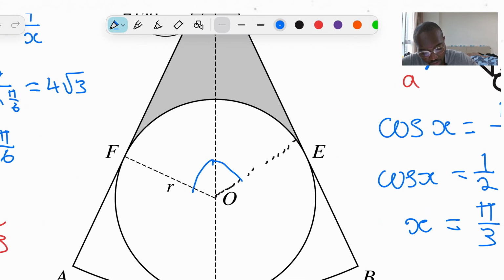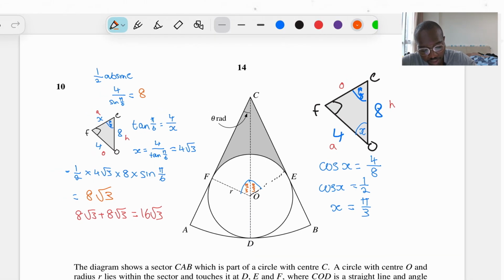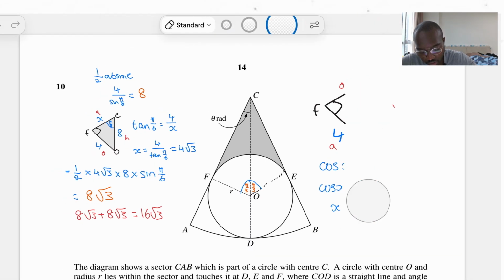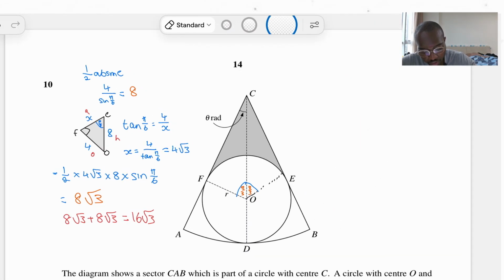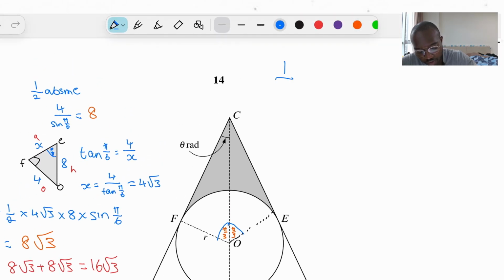So what do we know? We know that this is pi over 3, and this is also pi over 3. Therefore, if we add that up, that's going to be 2 pi over 3. Now, when we're dealing with the sector, the area is half r squared theta. We know r is 4, as they tell us in the question.